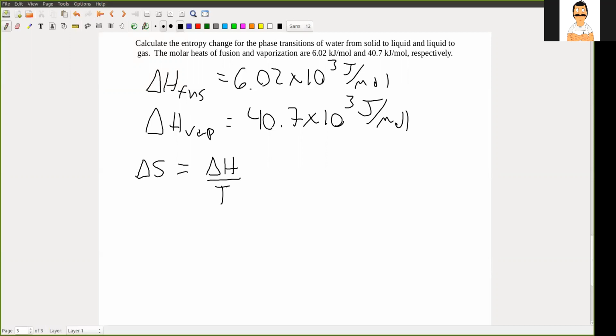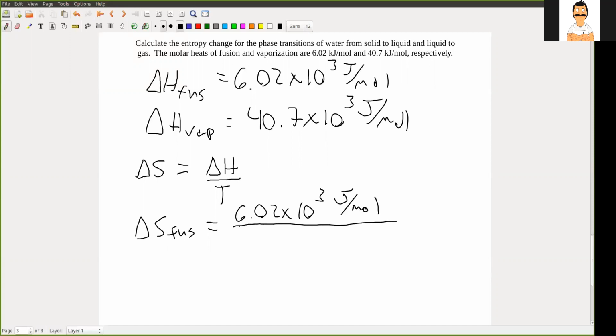So in this case, we're looking for delta S of fusion. Going from ice to liquid water is going to be 6.02 times 10 to the third joules per mole over the temperature at which water freezes, which in this case is 0 degrees Celsius, but we want it in Kelvin, which is fortunate because dividing by 0 would not yield the result that we want.